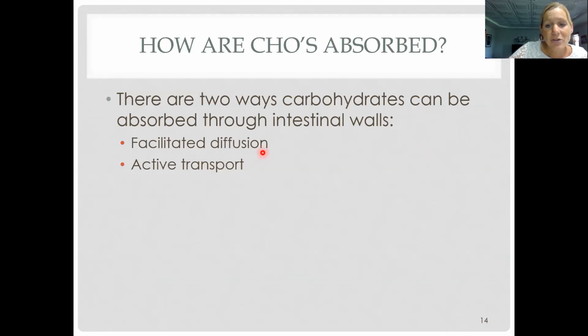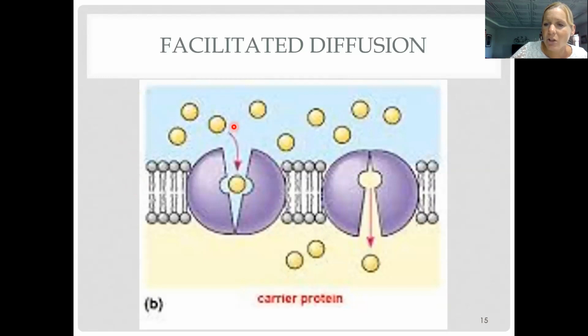And again, there are two different things we can do: we can do facilitated diffusion and active transport. Facilitated diffusion will allow us to move fructose, and active transport will allow us to move glucose and galactose. So let's take a look at what those mean.